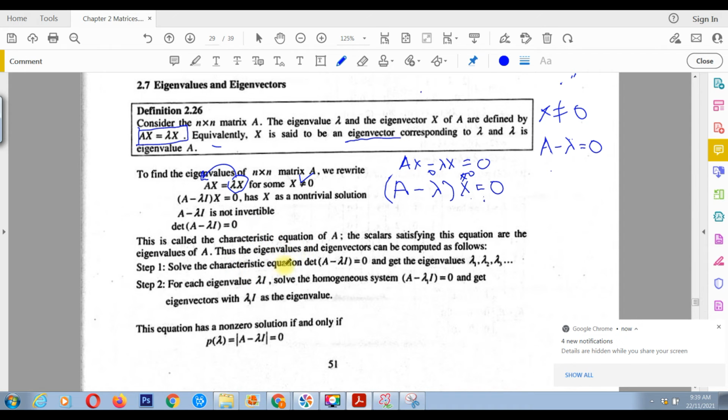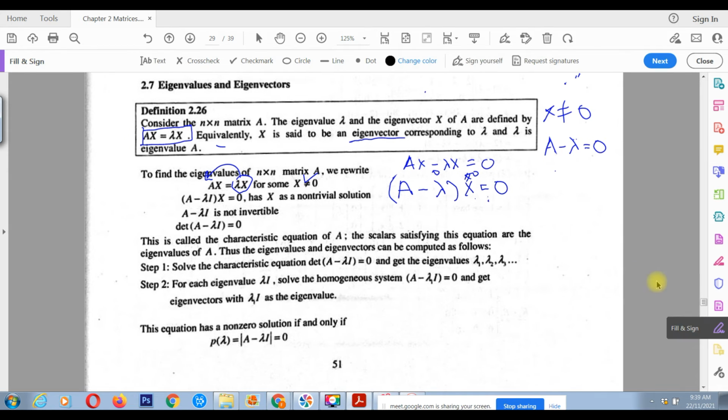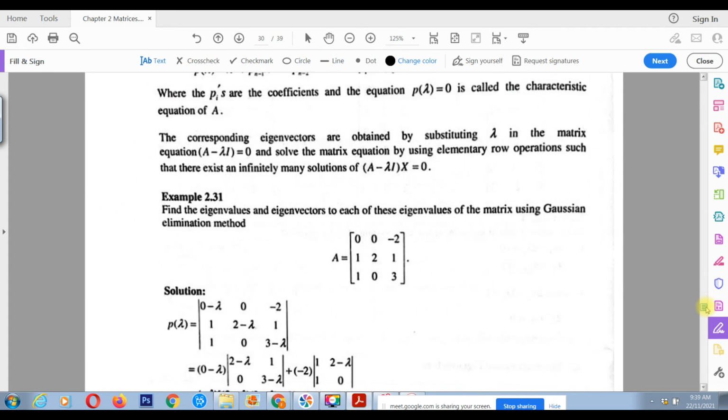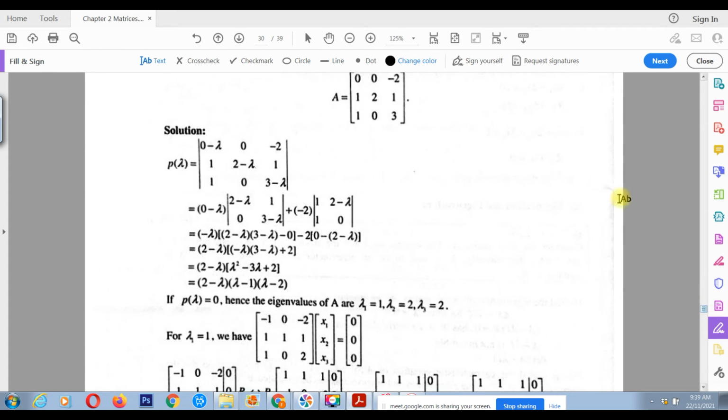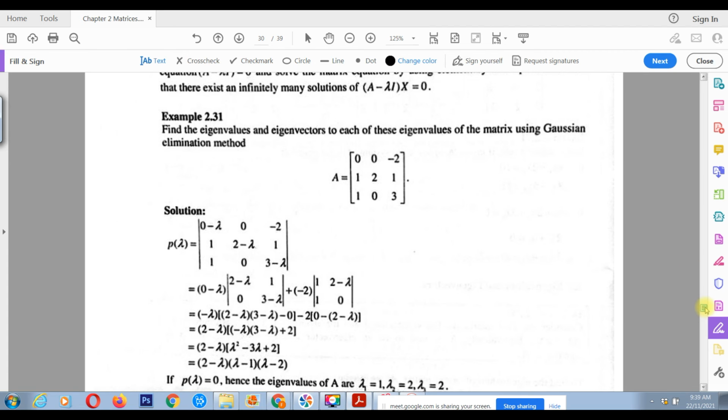So this gives us the steps of how to solve for eigenvalues and eigenvectors. Let's move to the example. Find the eigenvalues and eigenvectors of this matrix using the Gaussian elimination method.